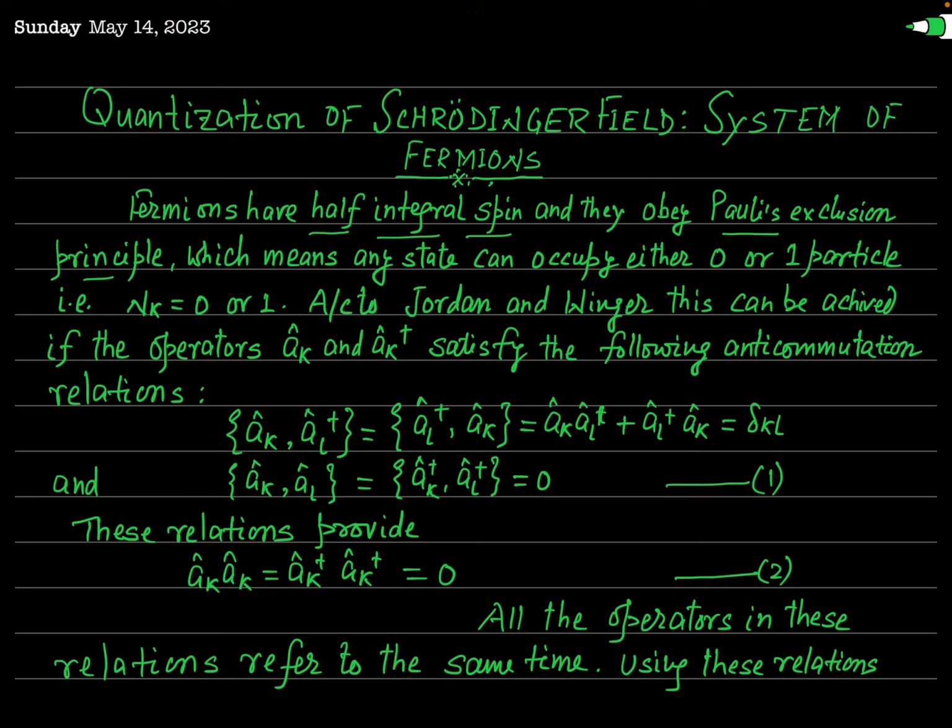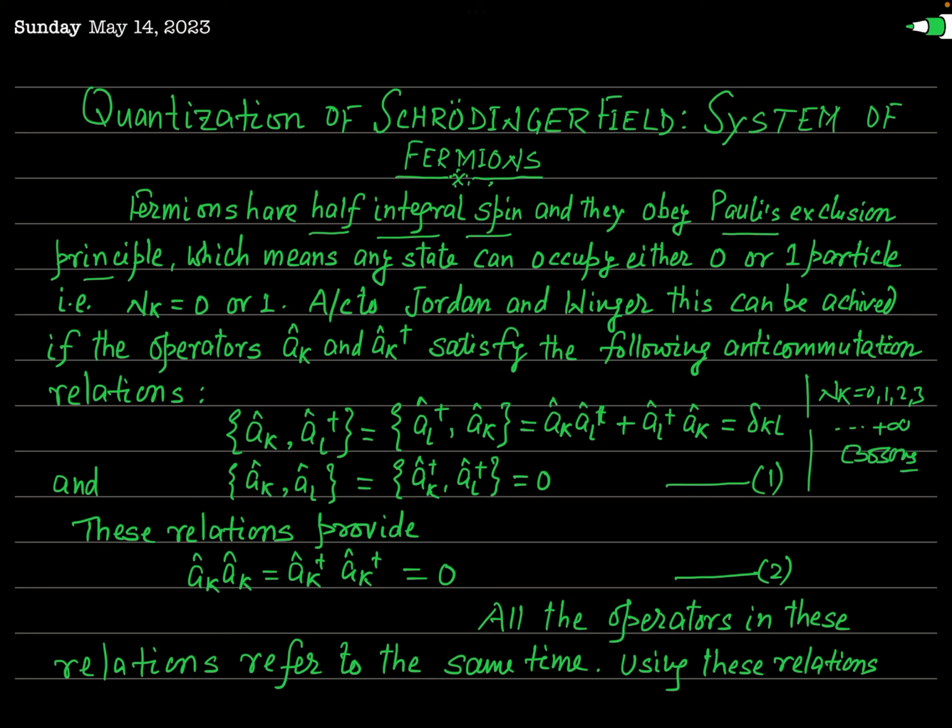And that's why, as you have seen in the case of bosons, the eigenvalue of the number operator, which we have denoted by n_k, the eigenvalue of the number operator n_k hat, was 0, 1, 2, 3, and so on up to plus infinity. This was for bosons.